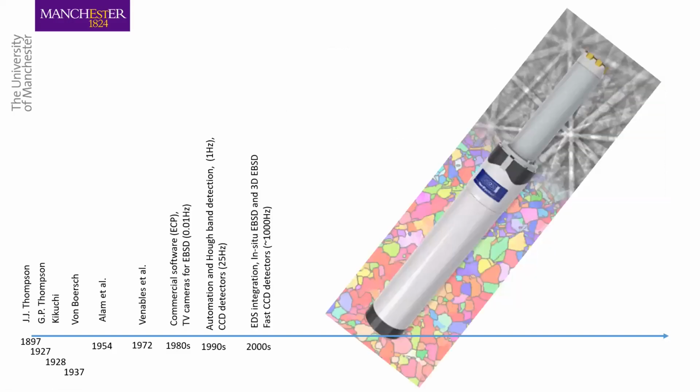And then in the early 2000s, EDS integration came. So we could do it at the same time, and in situ EBSD, because the speed was high enough to do some in situ analysis, and 3D EBSD, because FIBs, focused ion beams, were coming about. And then faster CCD detectors came about, where speeds increased to 1,000 hertz or so.